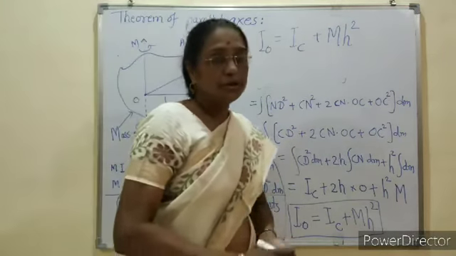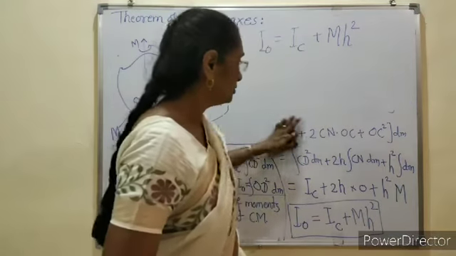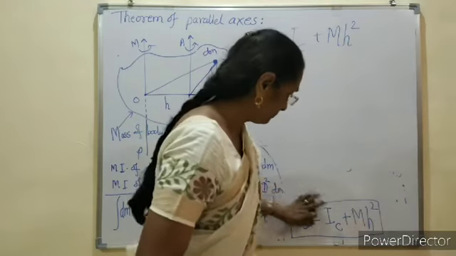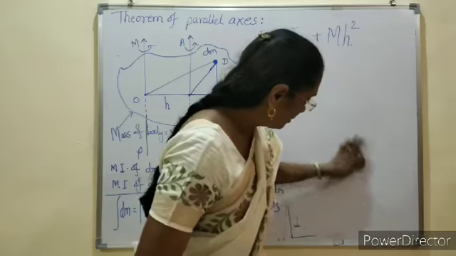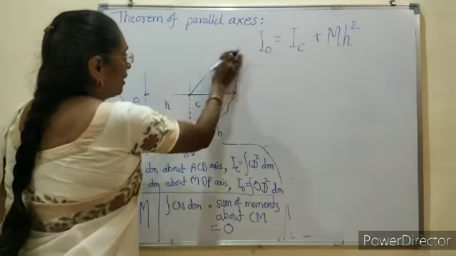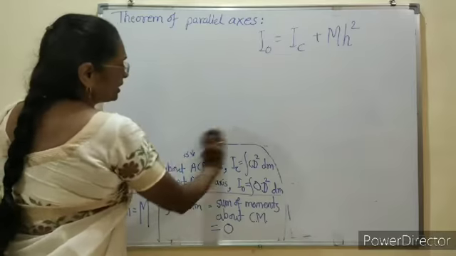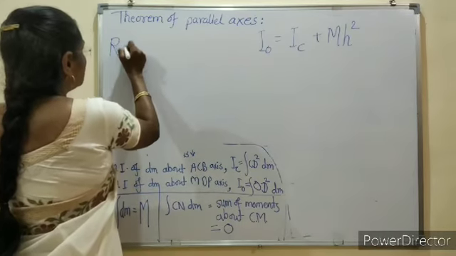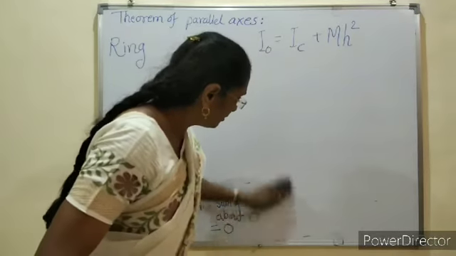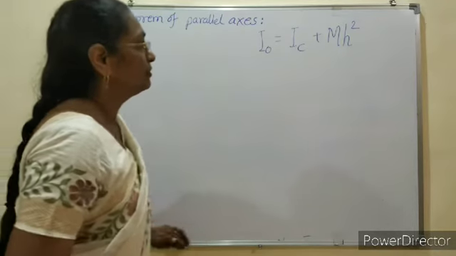Now once we have this statement, we can apply it for a number of objects having any shape. So here we have to apply this theorem as well as the theorem of perpendicular axis to a simple body which is a ring, so that we can understand again and revise the theorems.